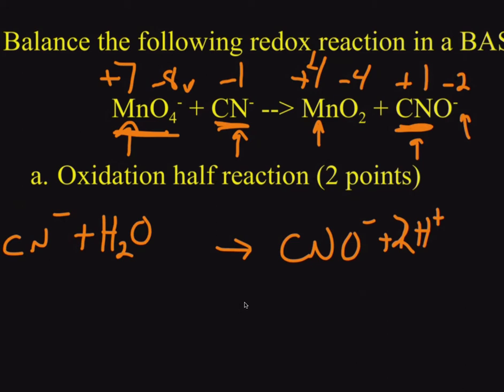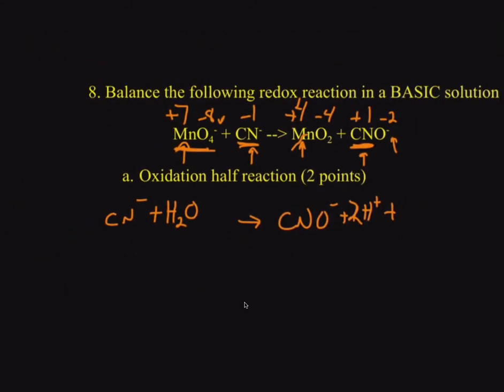And then the difference between the acidic and the basic solution is that now we're going to go back, and for every hydrogen that we added, we're going to add a hydroxide, which means we have to add 2 hydroxides to this side. And in order to keep it balanced, we've also got to add 2 hydroxides to this side.